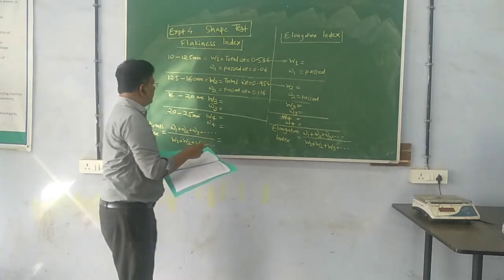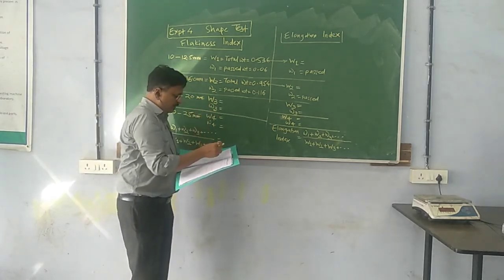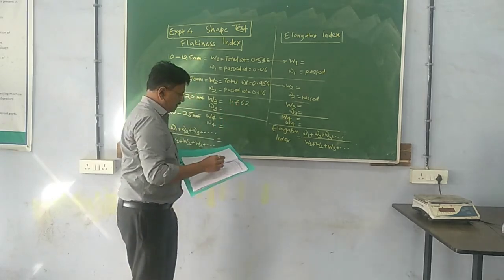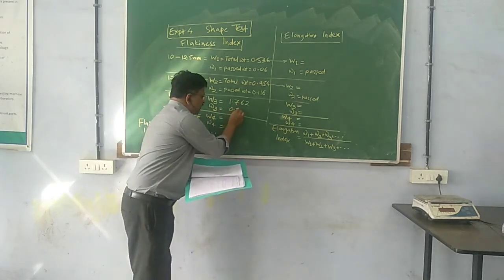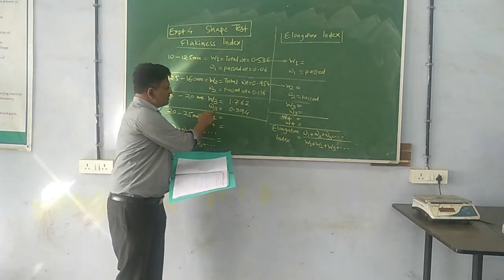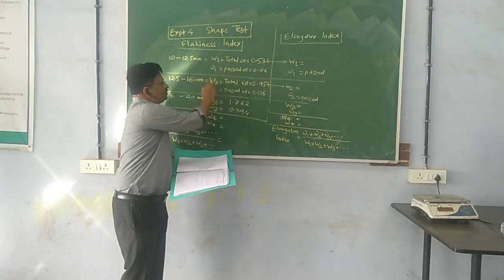In the same way, for the third category, total weight of particles is 1.762 and passed particles are 0.394. All these are smaller W1, smaller W2, smaller W3.